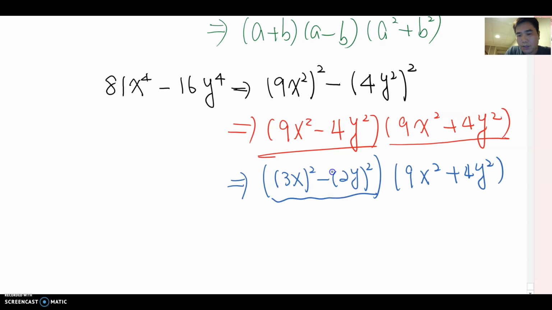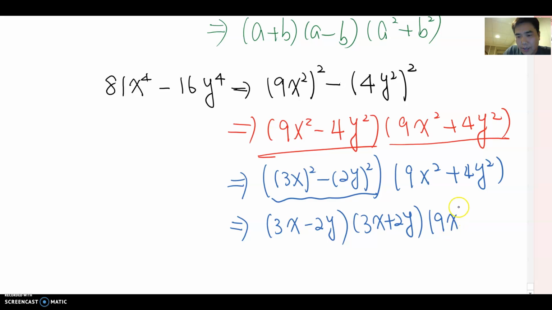Then this completes a squared minus b squared. Therefore this answer becomes 3x minus 2y and 3x plus 2y and 9x squared plus 4y squared. That is the final factoring answer for this binomial problem.